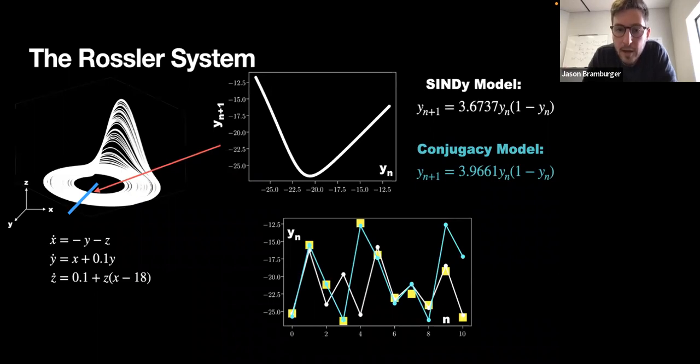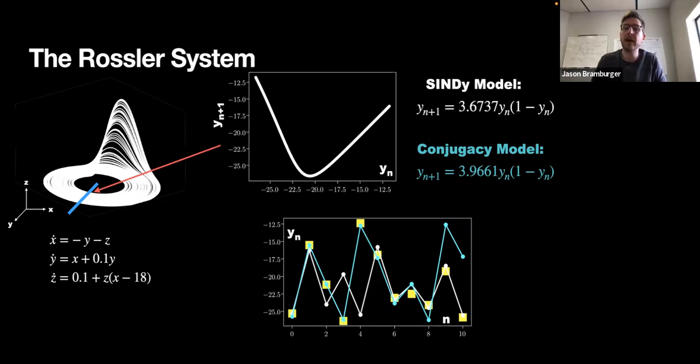Then I plotted as yellow squares the corresponding intersection of the system with the Poincaré section, x equal to 0. Then I took the same initial condition and initialized the SINDy model, iterating forward under my SINDy model to see how far ahead I can predict. And you can see that after about one iteration, this thing completely falls off and becomes a useless forecast.